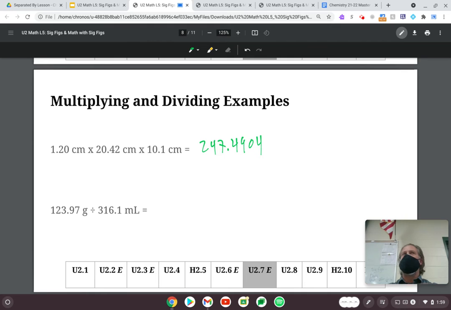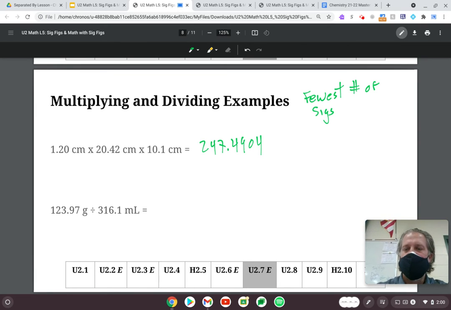And the answer to that question is absolutely not. But there are some rules that you have to follow. So here's the rule. Because we're multiplying and dividing, our answer is reported with the fewest number of sig figs in the problem.